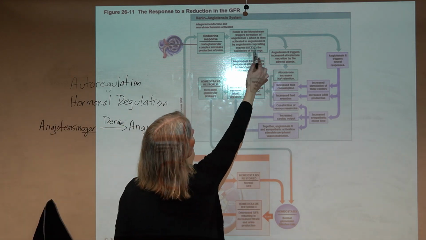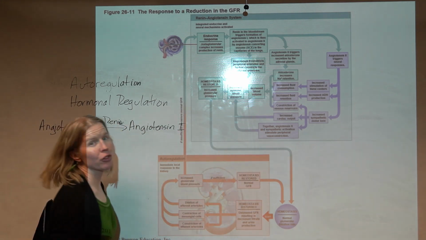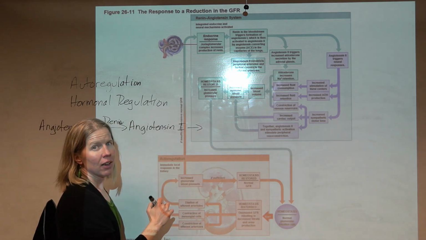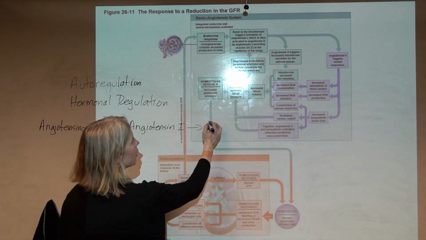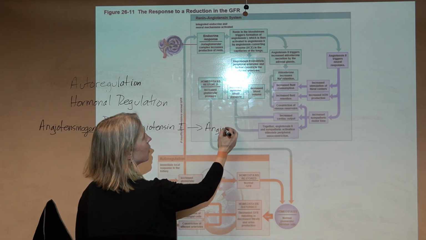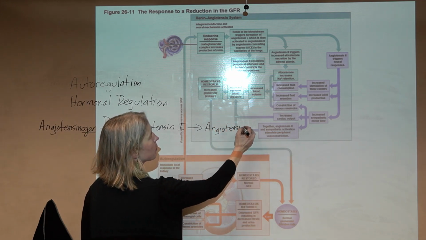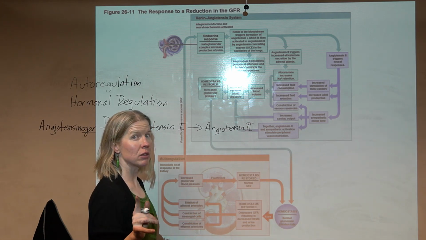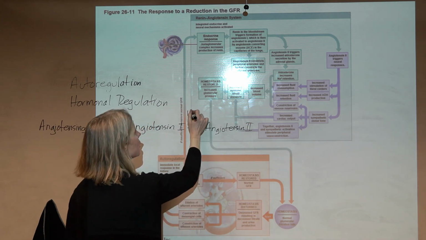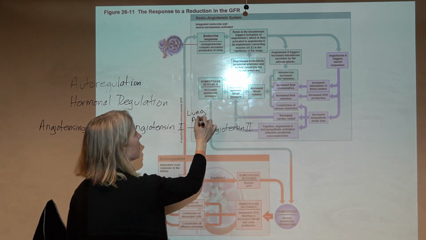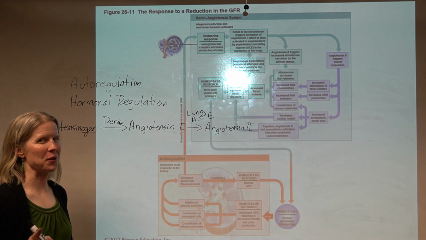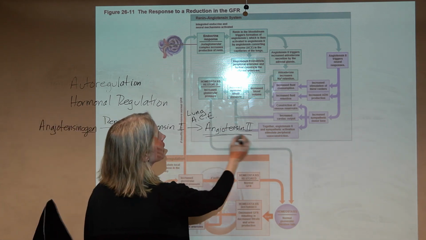That's all happening up here in this first box. There's angiotensin 1. Angiotensin 1 is going to get converted to angiotensin 2. Where? By whom? In the lung by ACE, angiotensin converting enzyme. Sounding familiar? Okay, so we get angiotensin 2.